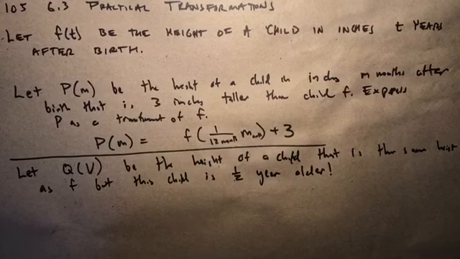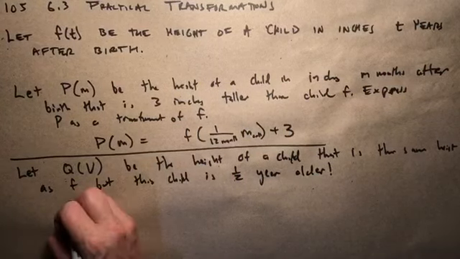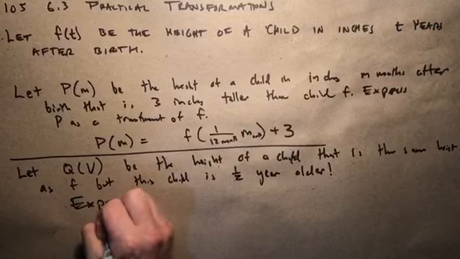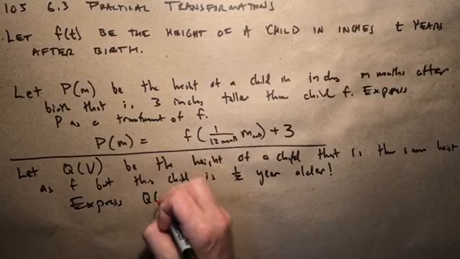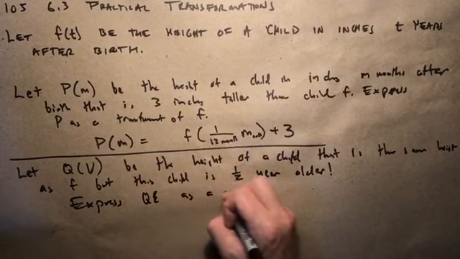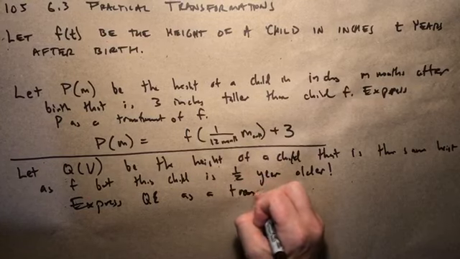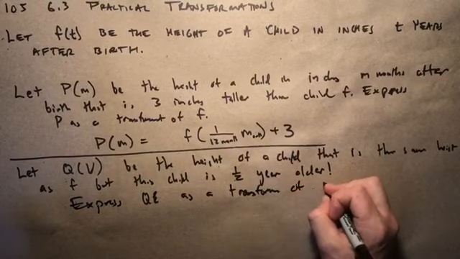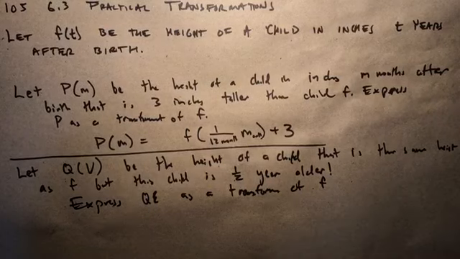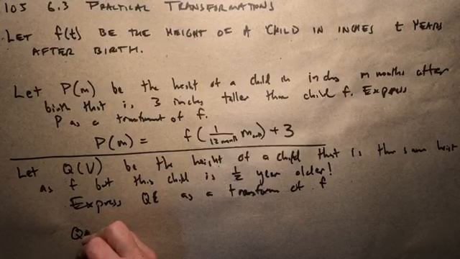So what's the dream here? We're going to start out, express Q as a transformation of F. And, you know, what I might want to do is, sure, we're going to have Q of V.